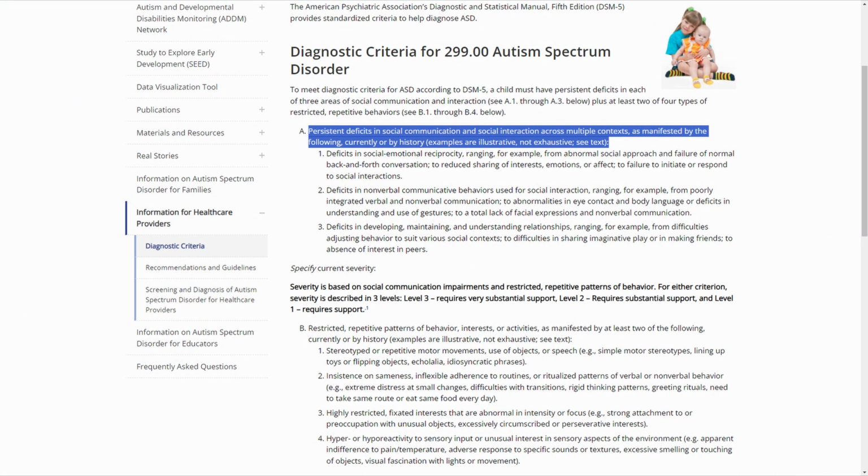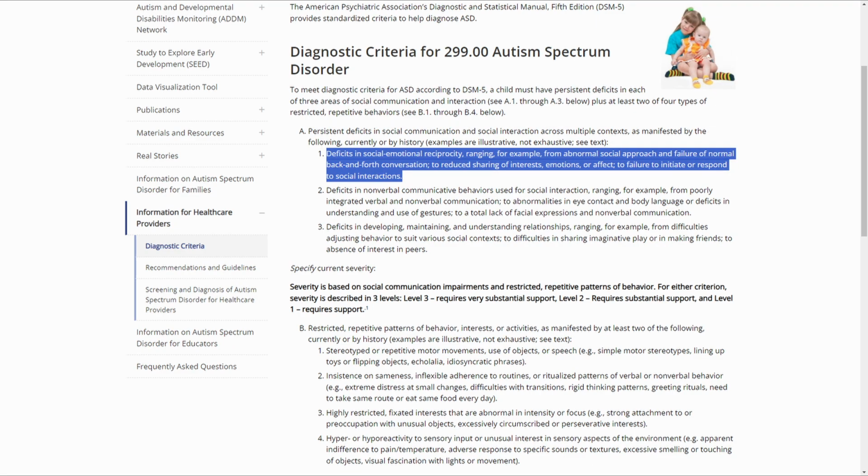So let's explore it. Persistent deficits in social communication and social interaction across multiple contexts, as manifested by the following currently or by history. Examples are illustrative, not exhaustive. See text.